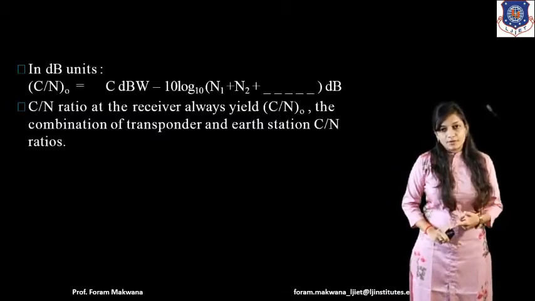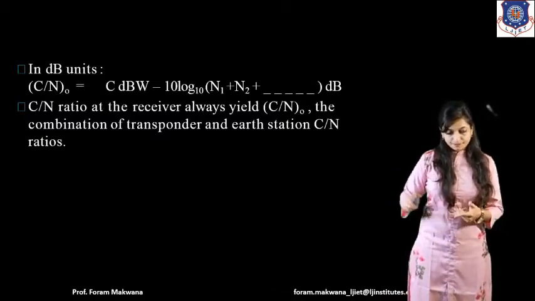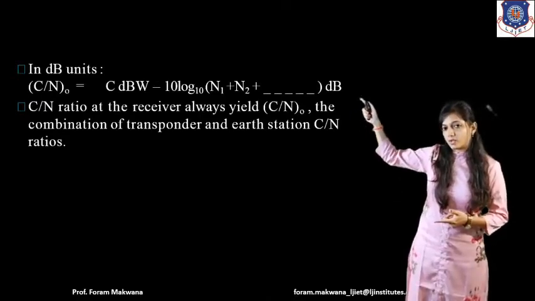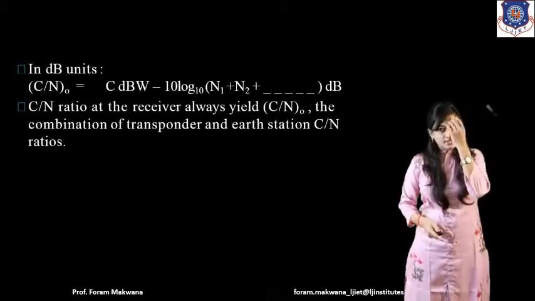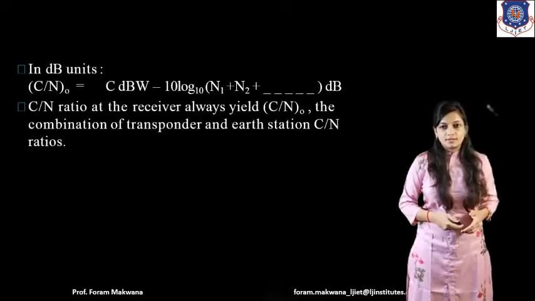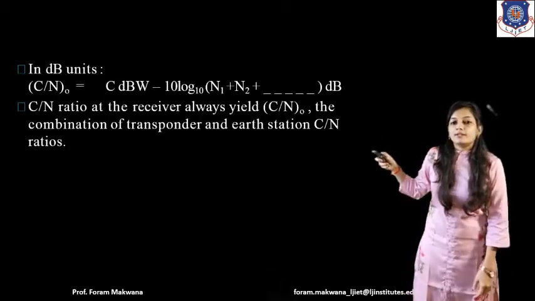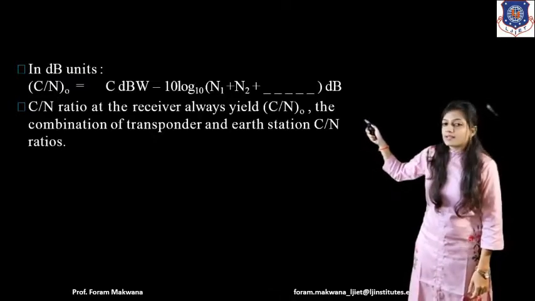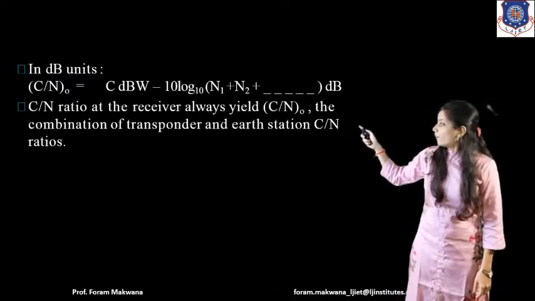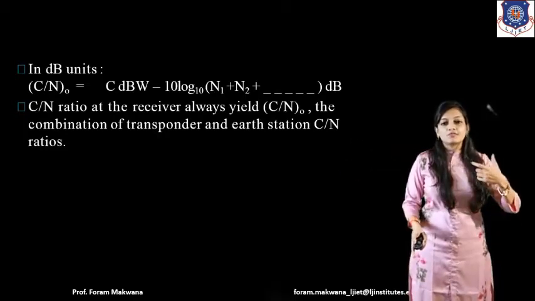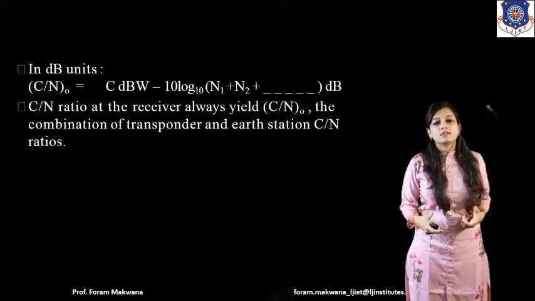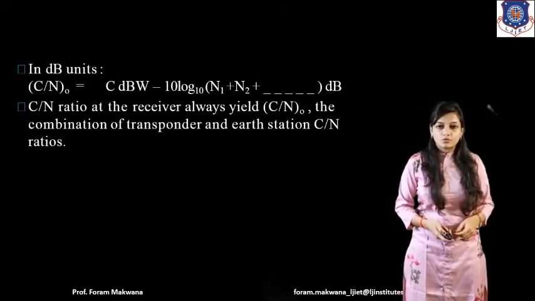As my noise power is in the denominator, we subtract that quantity because we represent it in decibels. So at the receiving side, it yields the carrier to noise for overall. It is a combination of the transponder and the earth station carrier to noise ratio.